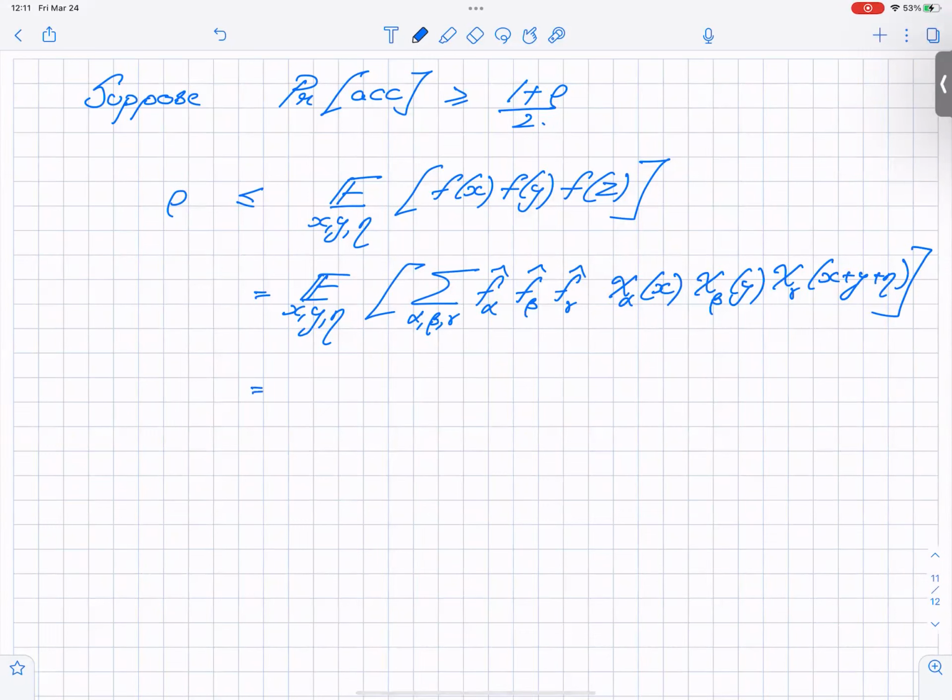So the linearity of expectation will let me take alpha, beta, gamma, f hat alpha, f hat beta, f hat gamma outside. I can write chi gamma of x plus y plus theta as chi gamma of x times chi gamma of y times chi gamma of theta. And then chi alpha of x and chi gamma of x together reduce to chi of alpha plus gamma of x.